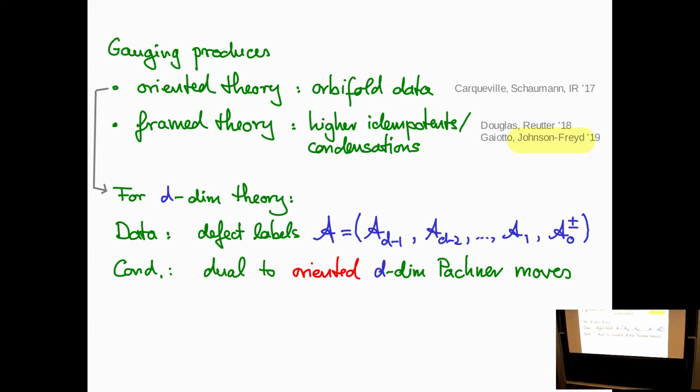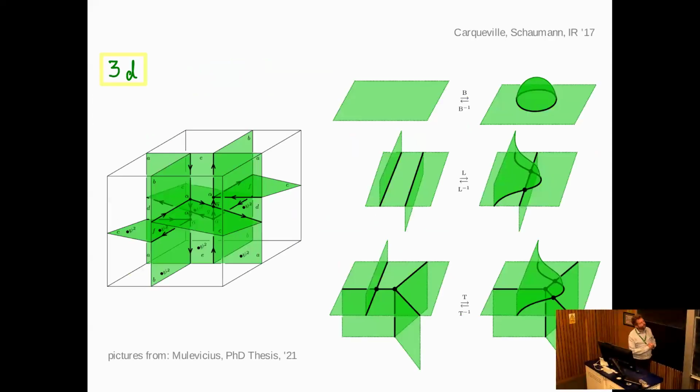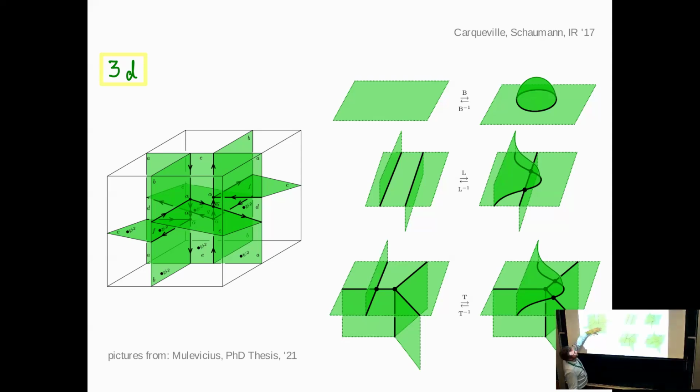Okay. So what does this look like in 3 dimensions? That's a possible stratification of a 3-torus. We have 2-dimensional defects, 1-dimensional defects, and point defect labels. Of these, we have 2, this alpha and then alpha bar down here. We have to impose invariance conditions to make sure it doesn't matter what sort of foam we put into our 3-torus and that it always evaluates to the same answer.